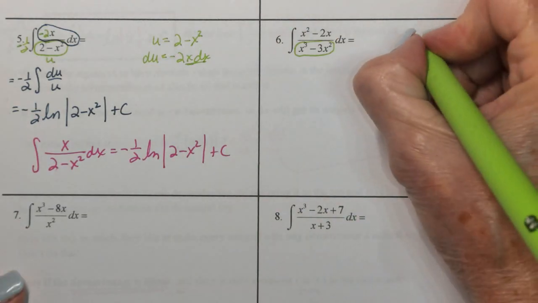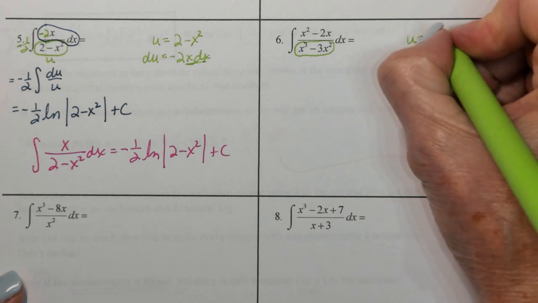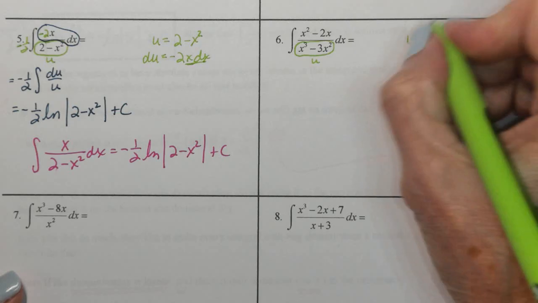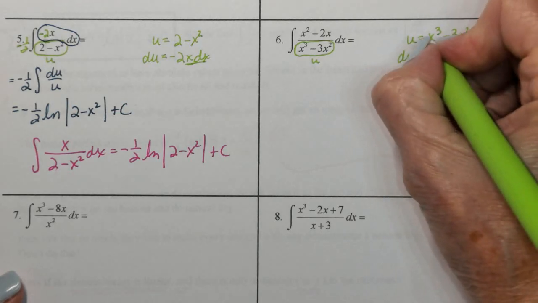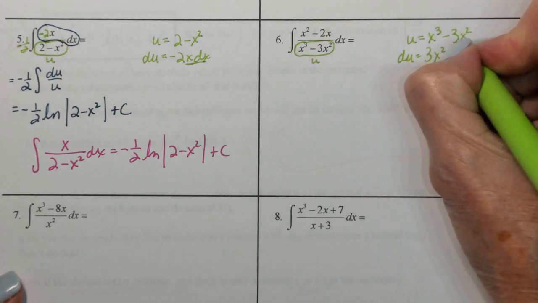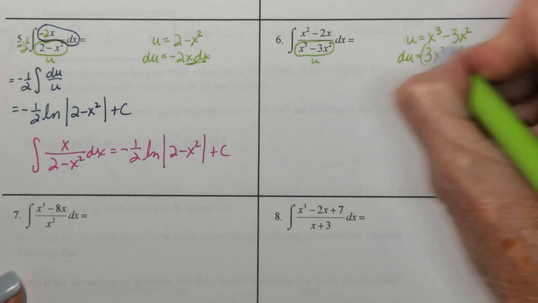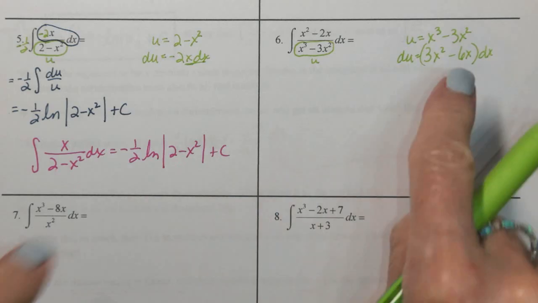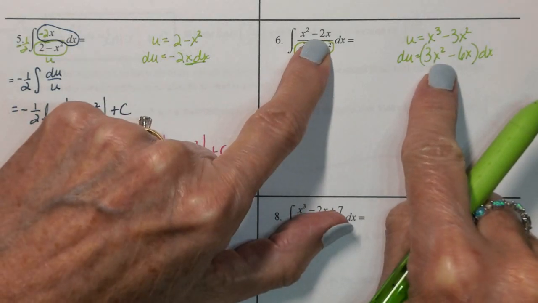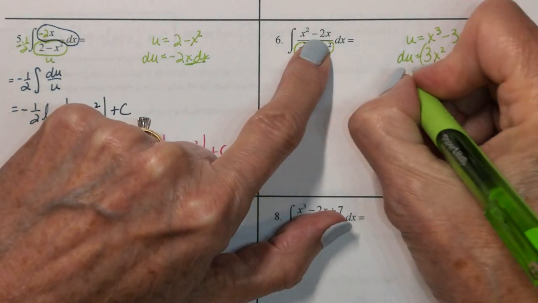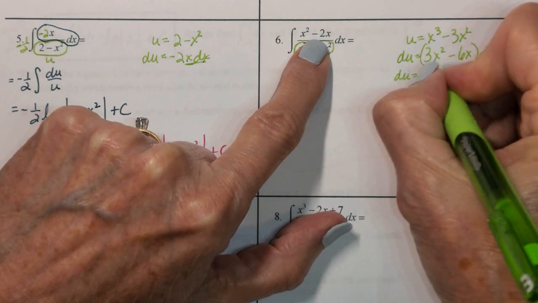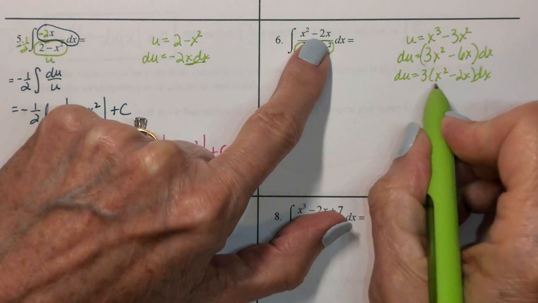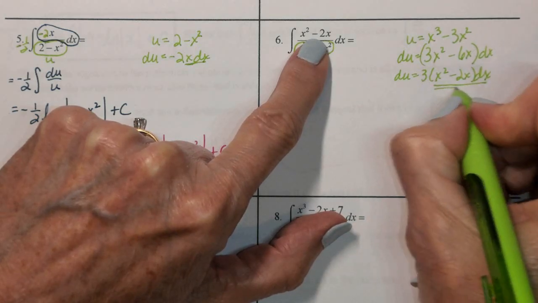Well, let's find out. u is x cubed minus 3x squared, so this is my u. du is 3x squared minus 6x dx. Is that on top? No, it's not. But if I take a 3 out, if I factor out a 3, now that piece is on top.